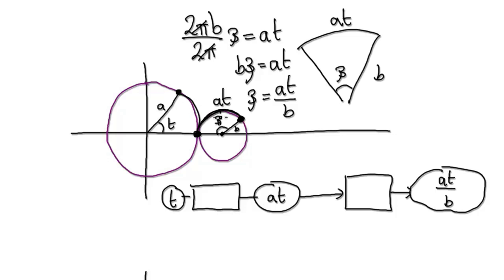So what that means is, if you want to know this angle here, just so that you can locate this particle, for a given t, what you do is you get your angle t, you times it by the radius of the big circle, which is A here, and then you divide it by the radius of the small circle.